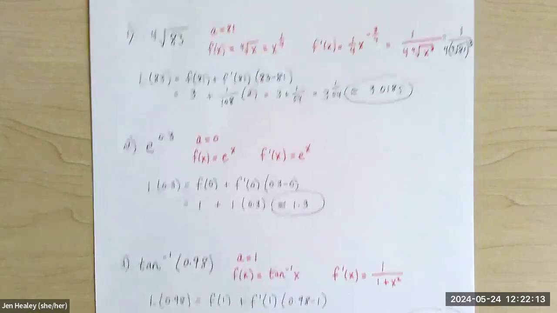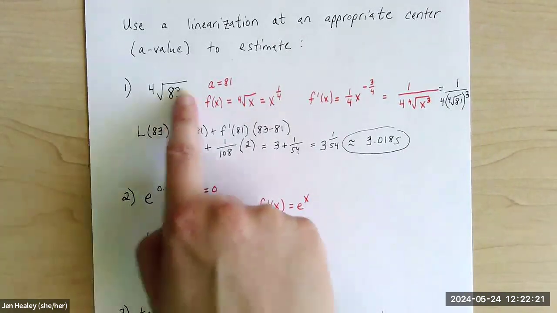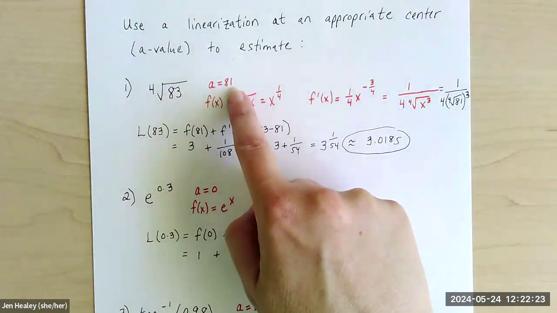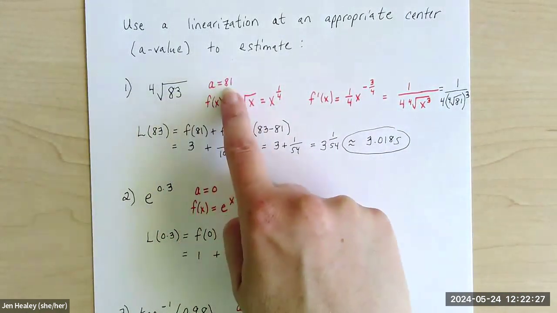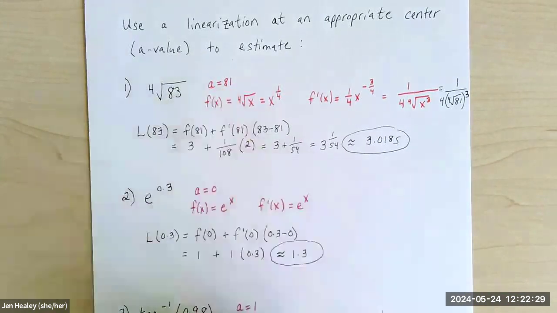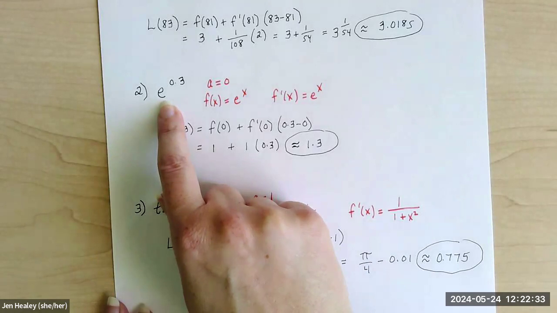So the hardest part of the linearization problems is figuring out the A that you should use. It always needs to be a number close to whatever the number is that makes your calculation nice. So for 83, I don't know the fourth root of 83, but I do know the fourth root of 81. So that's why we're picking that one. I don't know e to the 0.3 power, but e to the 0th power is easy.